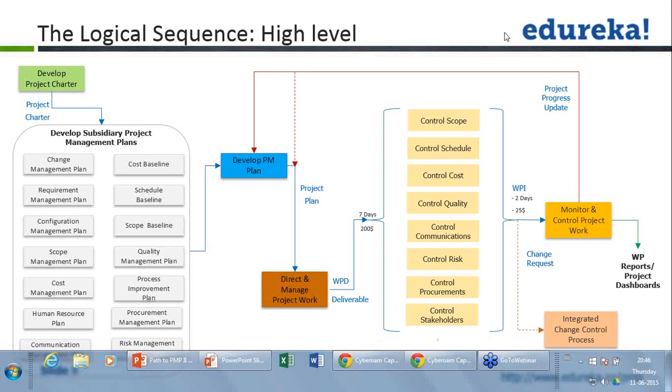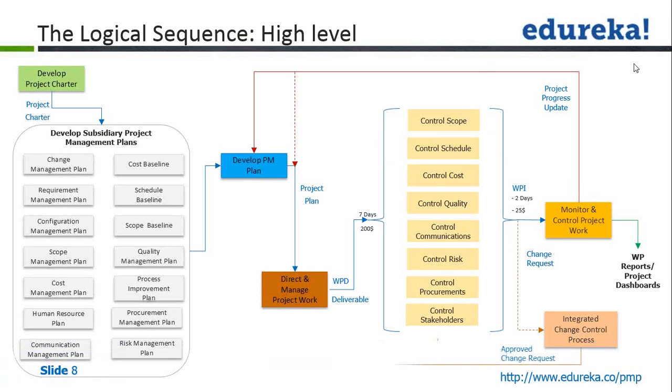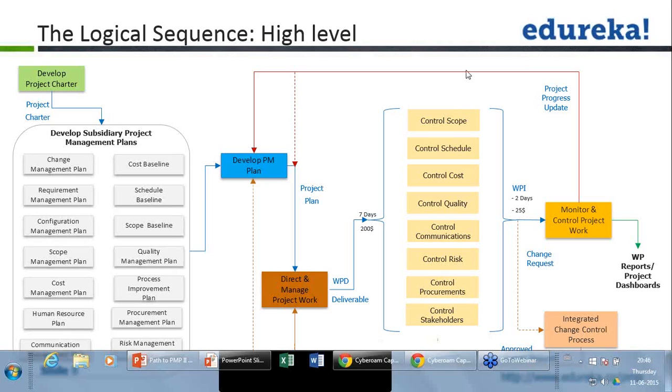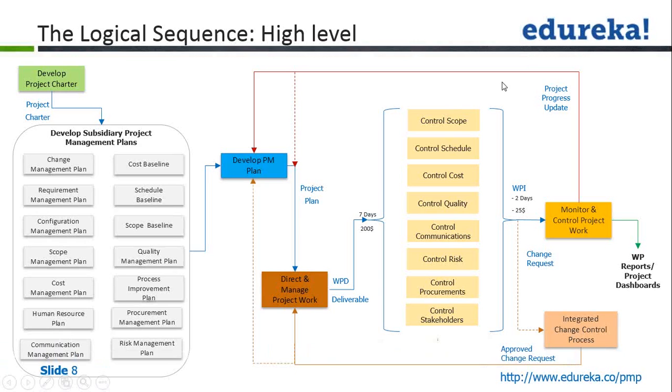Okay, so once those factors and areas are identified, then the change request can be raised from your monitoring and controlling project work process, which will again go to the change control board, where it will be reviewed by the CCB and an appropriate decision will be taken.